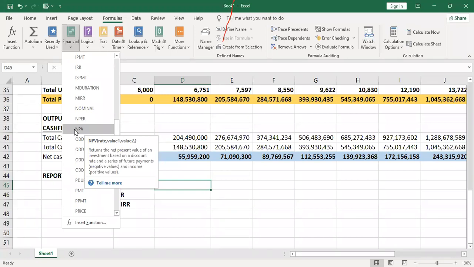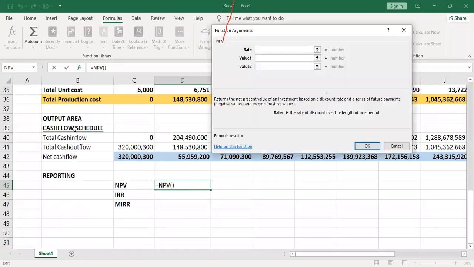Formulas, financial, NPV. So click on NPV. Have you managed to click on NPV?